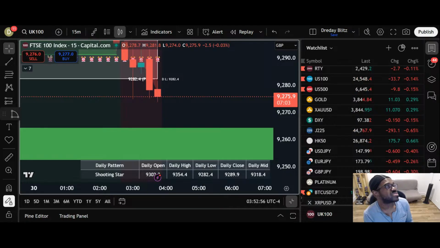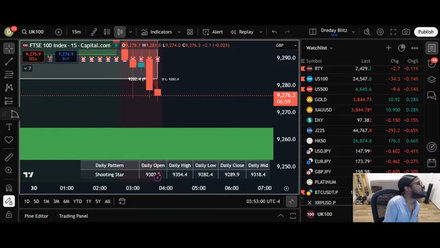Yeah, I was going to look at the Hong Kong trades. UK 100, Japan, Hong Kong 50. So that was sell and sell.